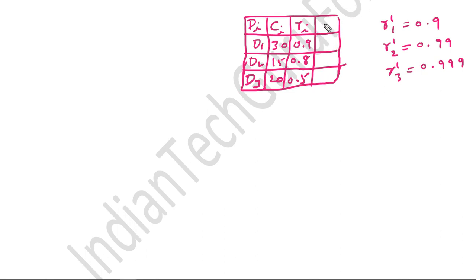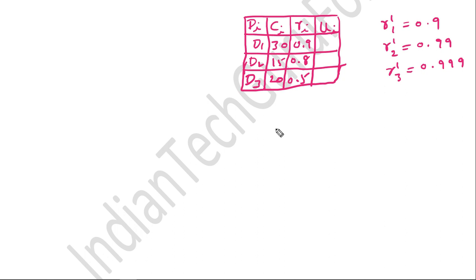If you know this information, then we need to find out the upper bound value of each device. The upper bound value is represented by small u. Then how to calculate the upper bound value? The costs of the individual devices are 30, 15, 20.